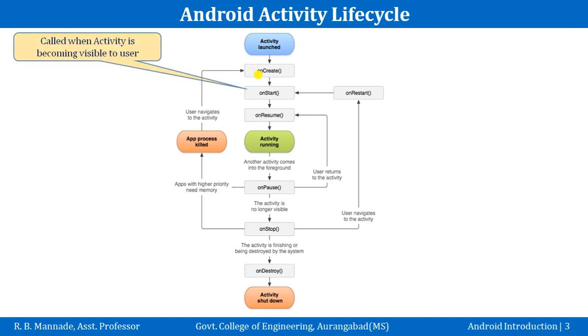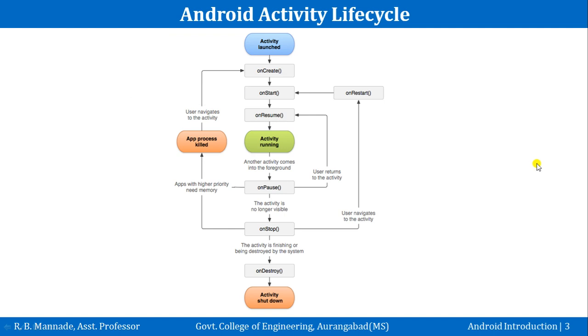Then after the onCreate function is called, the next function is the onStart function, and this onStart function is called when the activity is becoming visible to the user. It means the activity is not yet visible to the user, but the process of becoming visible is in progress, and at that time the onStart function is called.